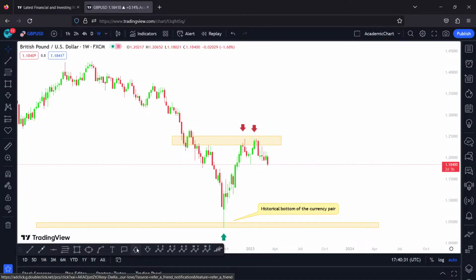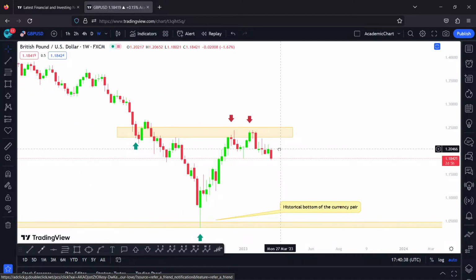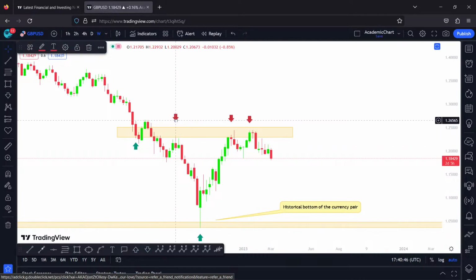It used to be support prior to that. If I zoom in a little more, I can also see that after the breakout, price reacted to this zone as resistance. This is the polarity principle. When a support gets broken, it doesn't actually lose its validity.